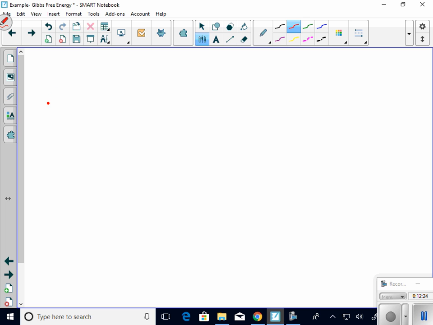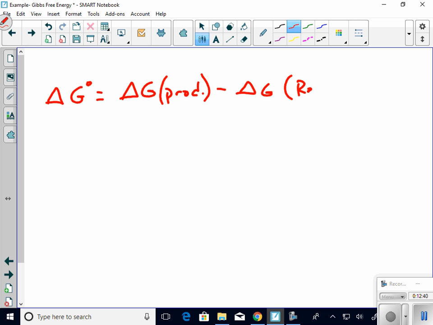Here's my equation. The standard delta G equals products minus reactants. So if I look, NO2 as a gas, what is my delta G of NO2 as a gas? 51.84.